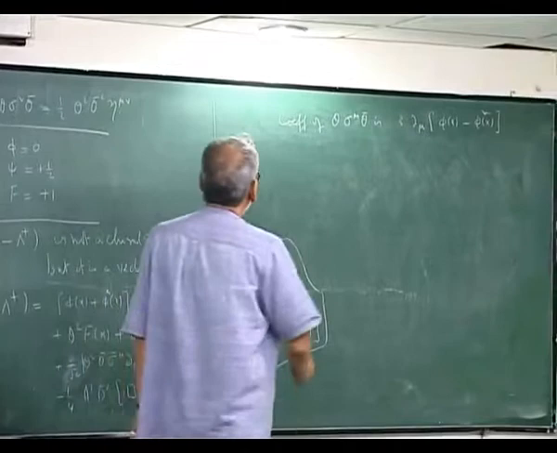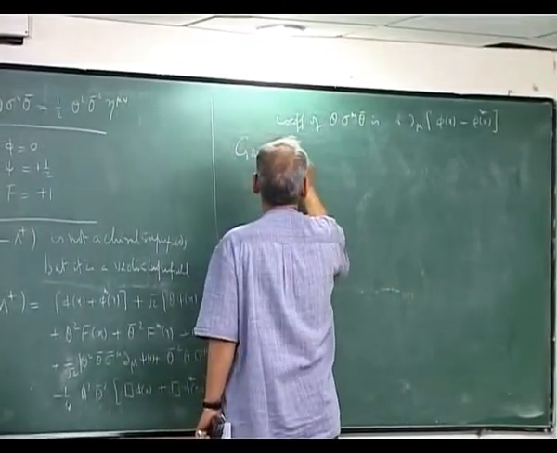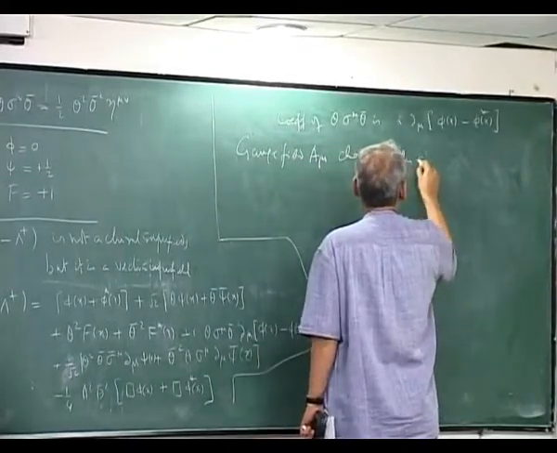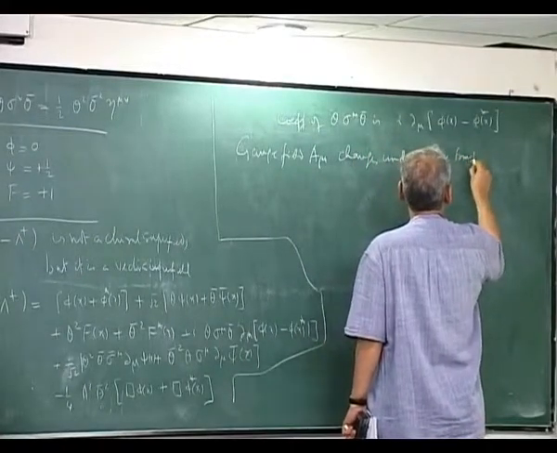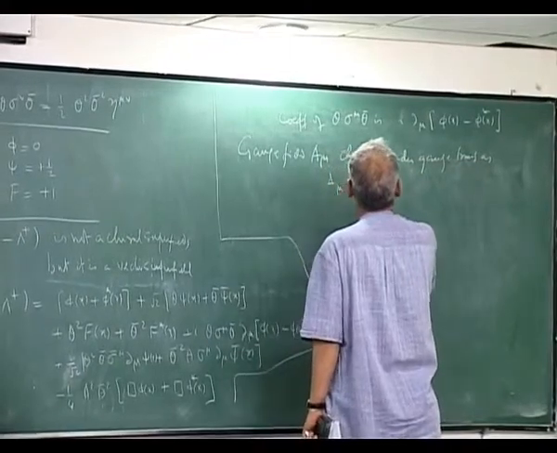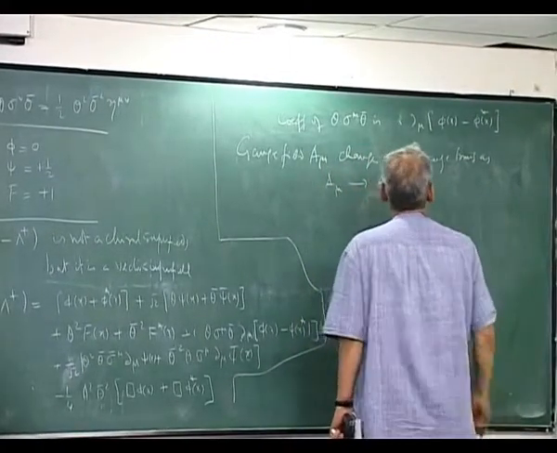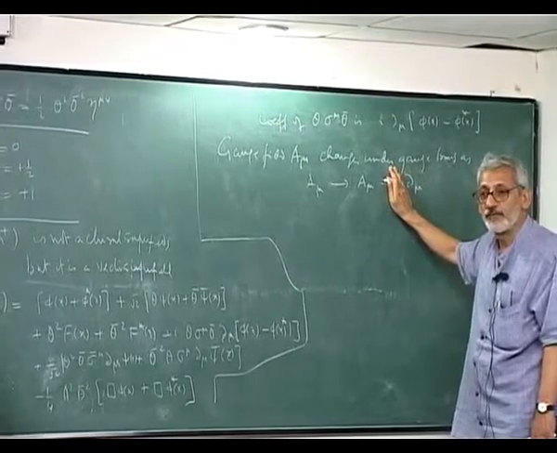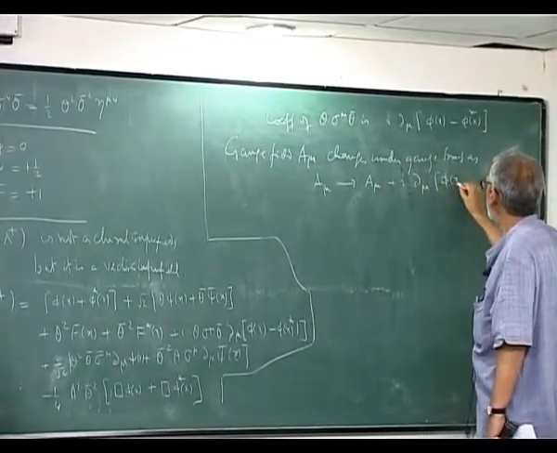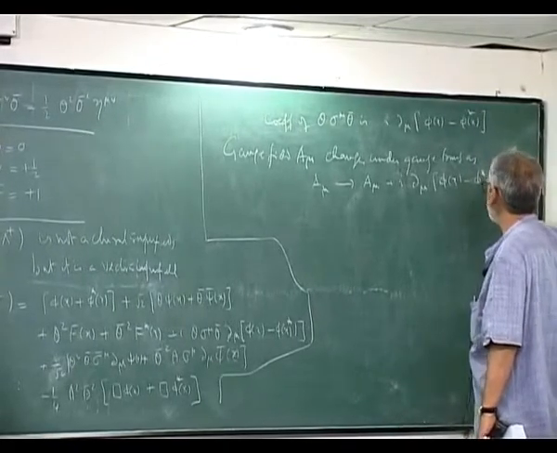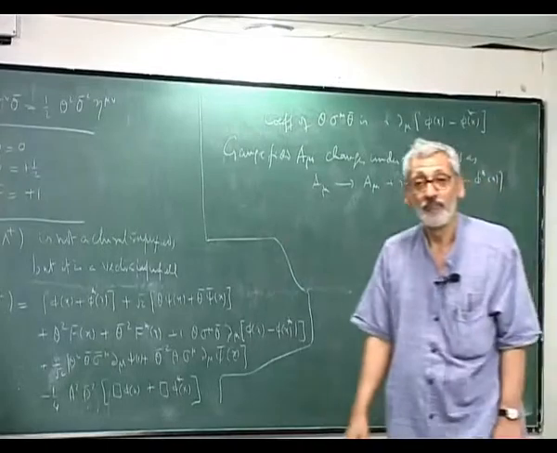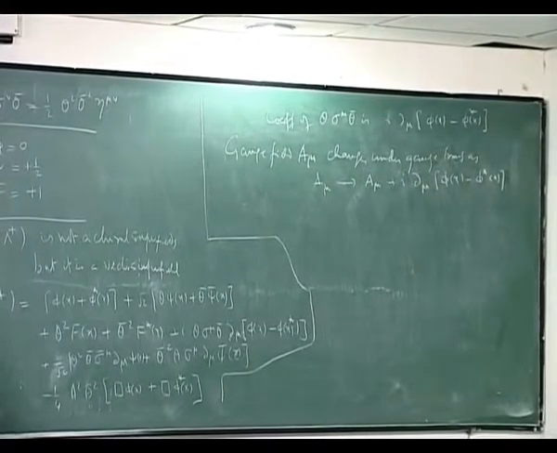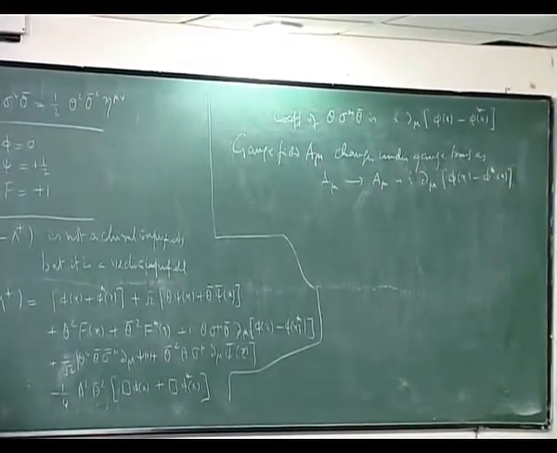Now, a gauge field A mu changes under gauge transformation as A mu gets shifted by A mu plus i derivative of some real parameter, and I call that parameter phi(x) minus phi star. That's how the gauge transformation acts on gauge fields.